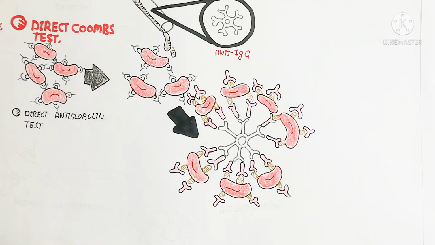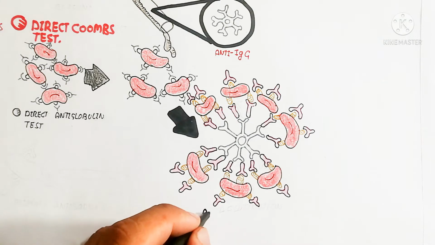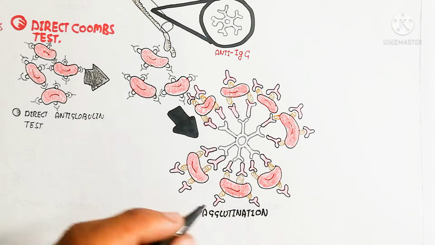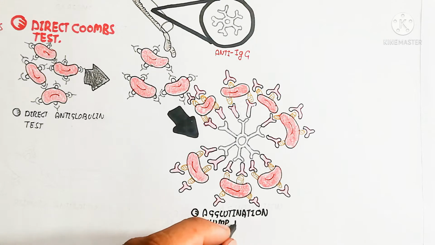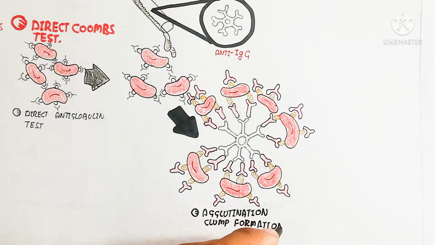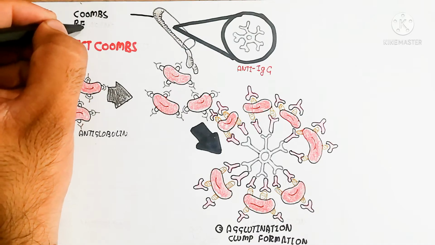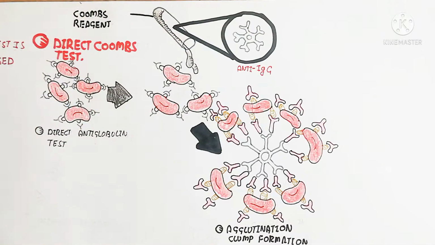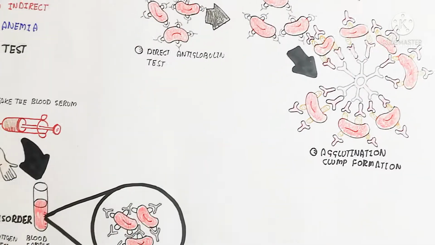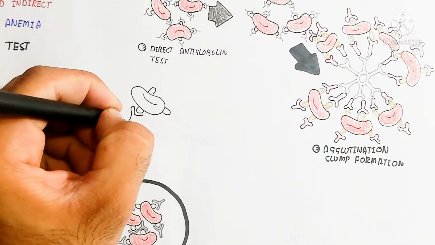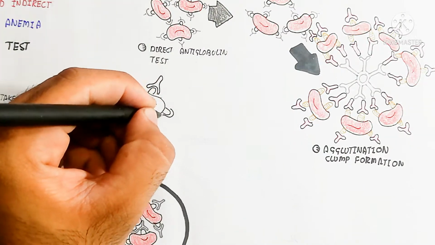So here is the formation of the Coombs test, which contains an IgG antibody that attaches to the Fc portion of the antibody bound against the hemoglobin antigen. That is basically how agglutination and clump formation will occur, like blood clotting.